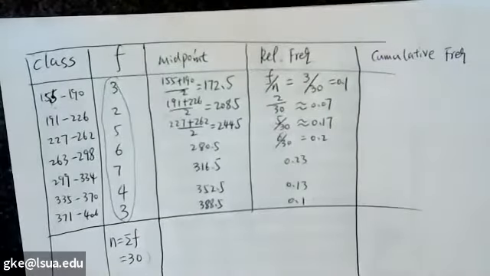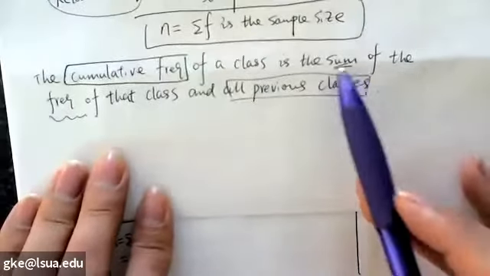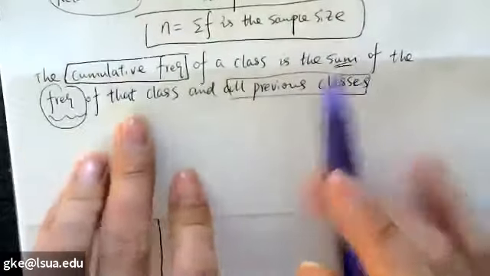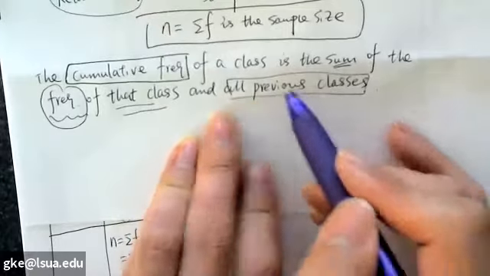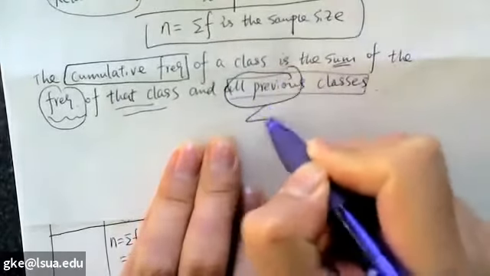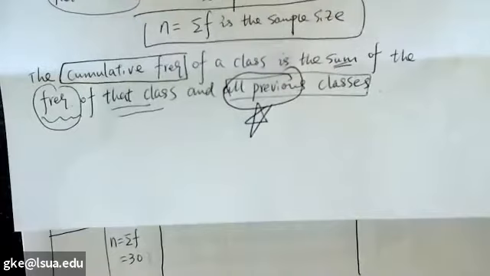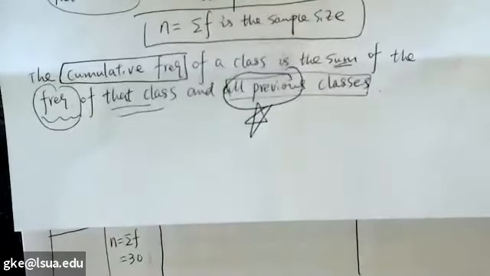Based on the definition, we know the cumulative frequency is going to be the summation of the frequency of this class plus all previous classes. So the keywords are all previous classes. That's the keyword for the cumulative frequency.